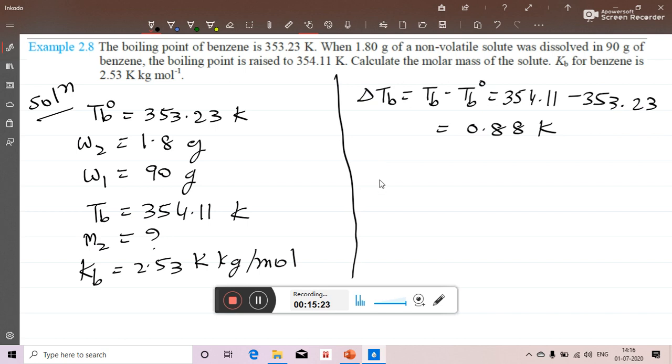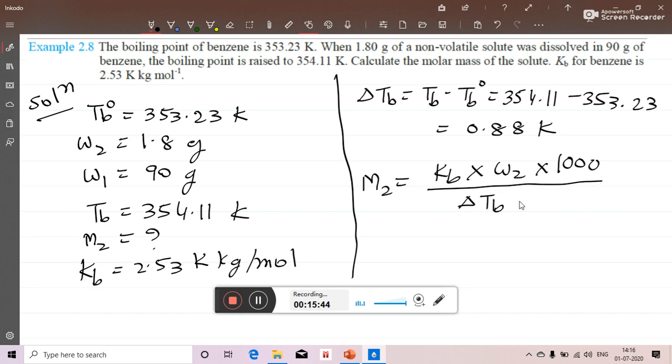Now if we make M2 the subject, M2 equal to KB into W2 into 1000 upon delta TB into W1.